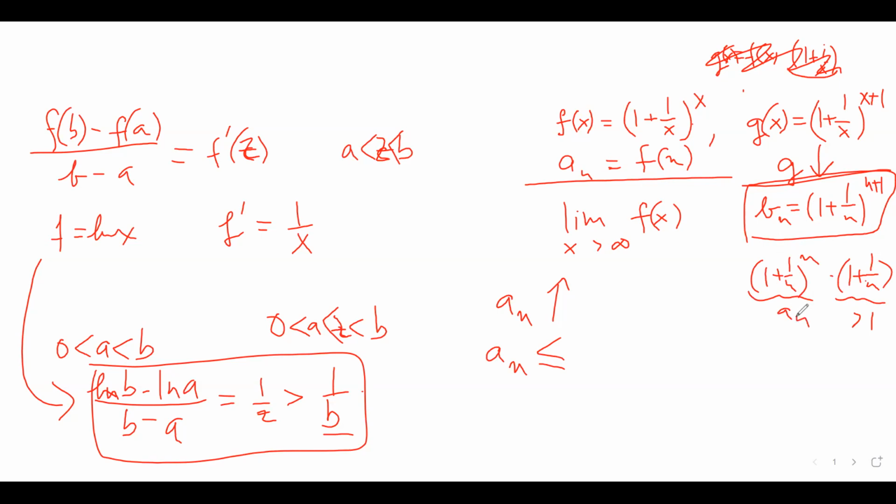So an is smaller than bn. But because bn is decreasing, this is less than b(n-1) and all the way to b1, which you can compute to be 4. So the sequence an is increasing and has an upper bound 4, so the limit exists. In fact, I think this is the original definition of the number e. e is defined to be the limit of this sequence.